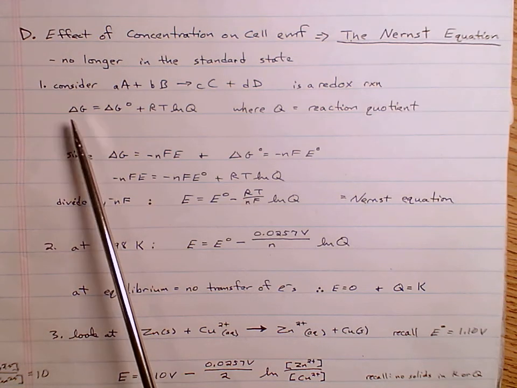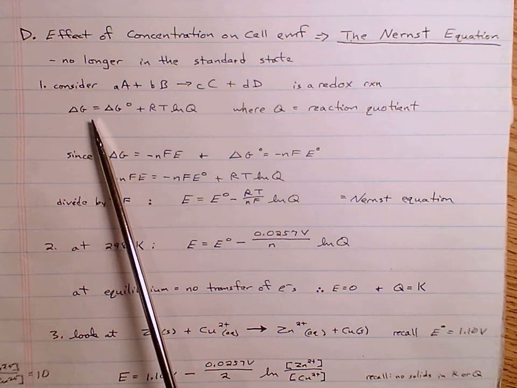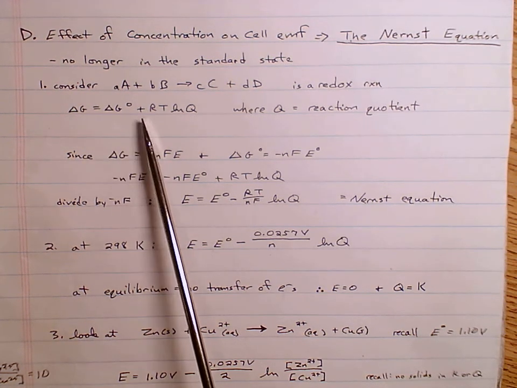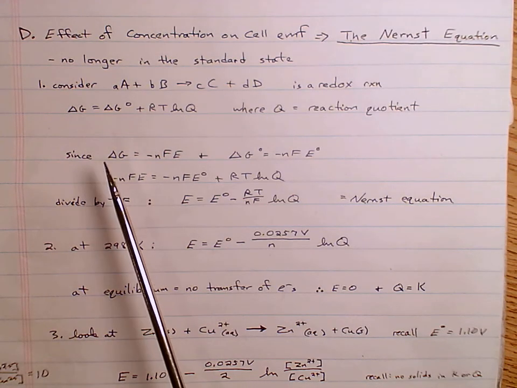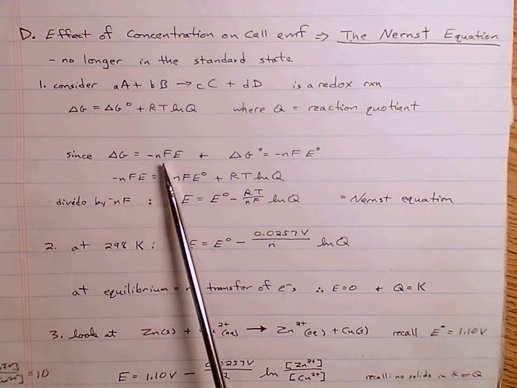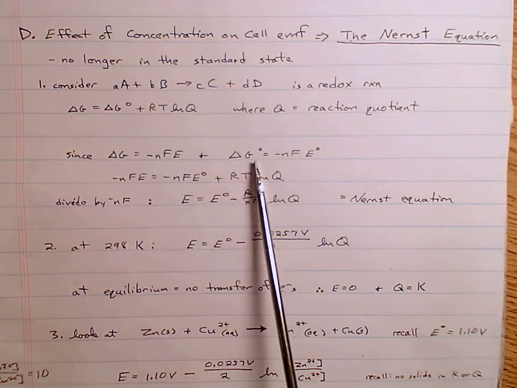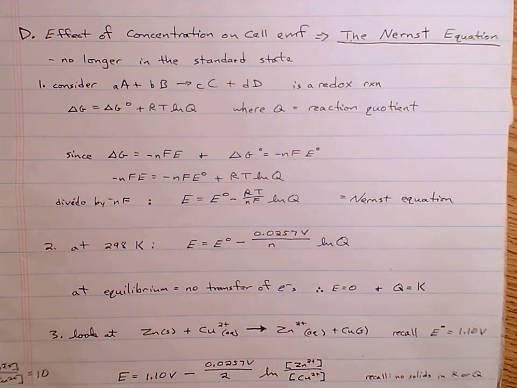Note we've seen this equation: the change in Gibbs free energy under non-standard conditions equals the change in Gibbs free energy under standard conditions plus RT natural log Q, where Q is the reaction quotient. Recall from before, delta G equals negative nFE cell under non-standard conditions, and delta G naught under standard conditions equals negative nFE naught cell.